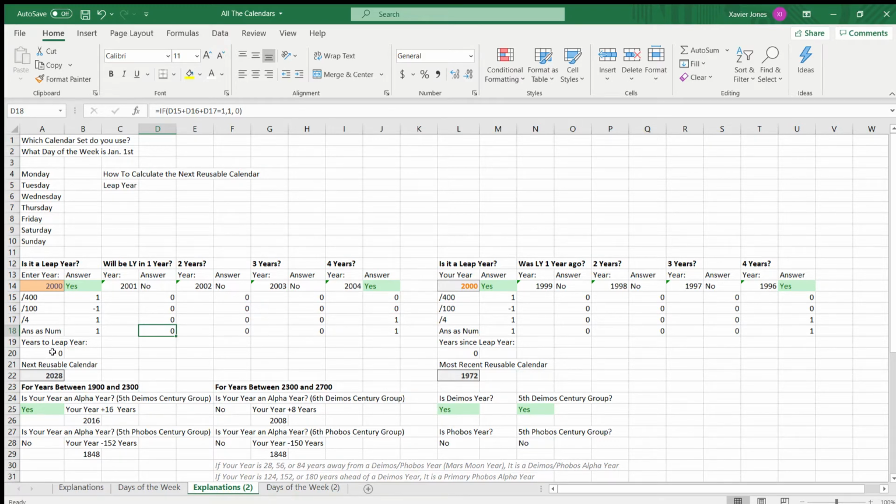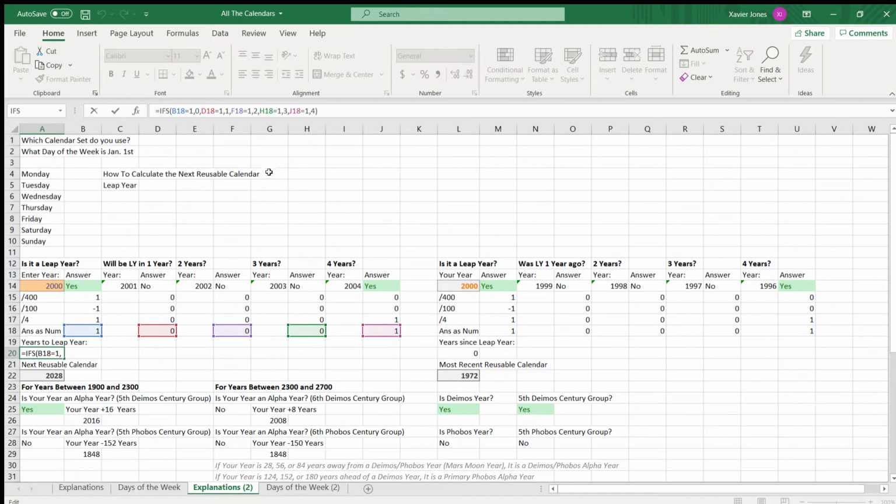So how do we find out how many years there are until it's a leap year? Well, we have to do an if statement, an if-then multiple statement, right? Our first logical test is finding out if our first year, the year that we entered, is a leap year. If this value is 1, then we know that it is a leap year.